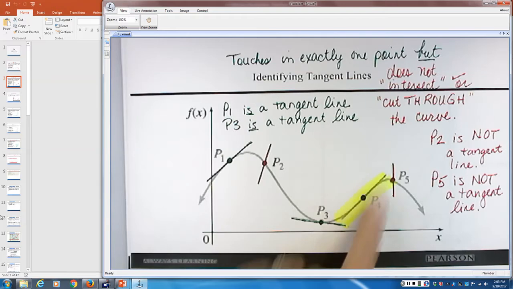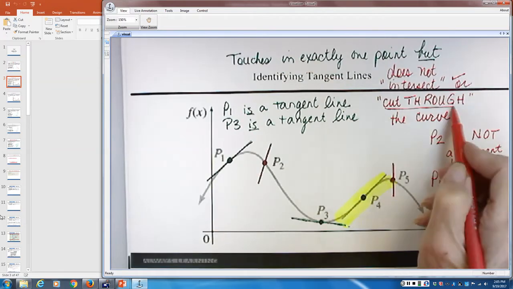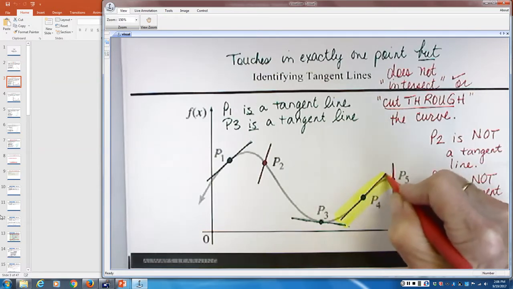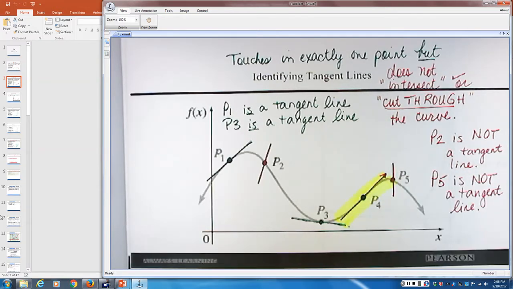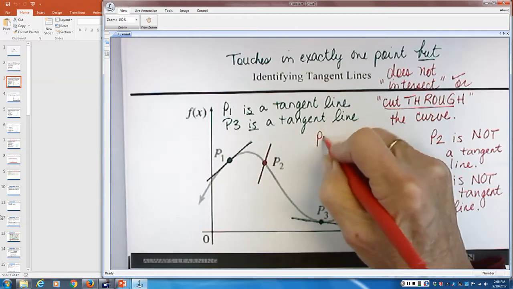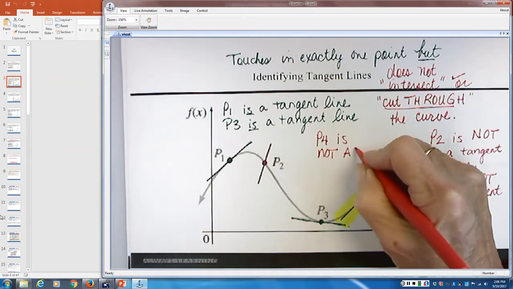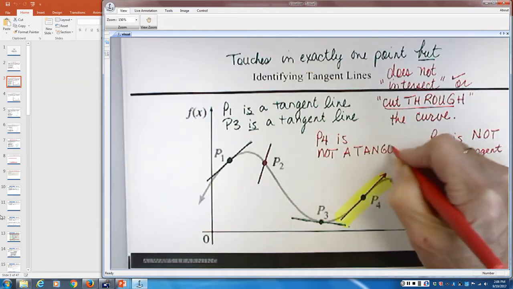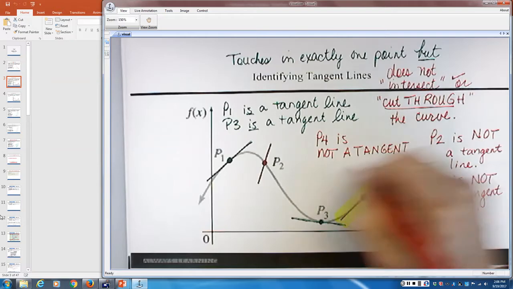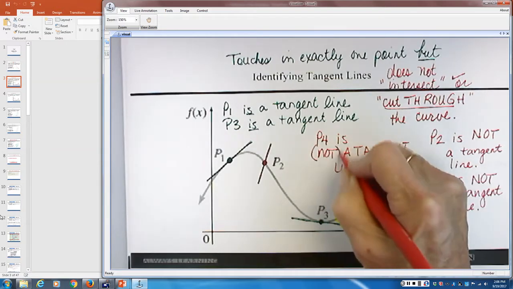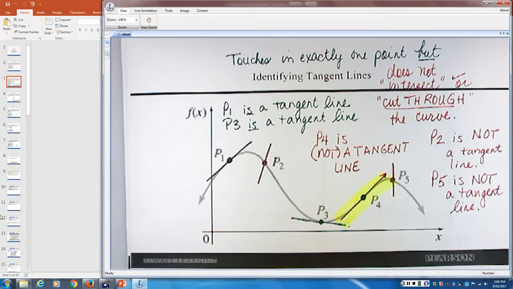Even though it only touches it at 1 point, does it cut through the curve? Yes. It does cut through. It starts out on this side and comes out on the other side of the curve. It actually cuts through. So P4 is not a tangent line, or at least it doesn't appear to be.